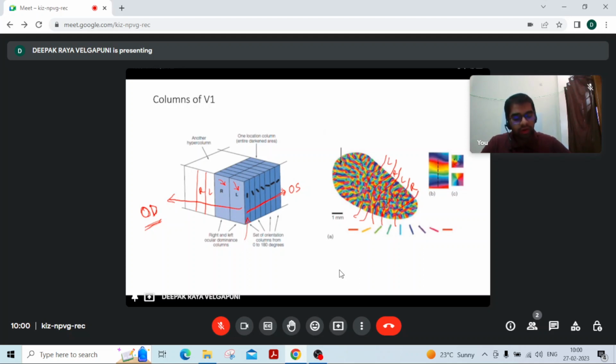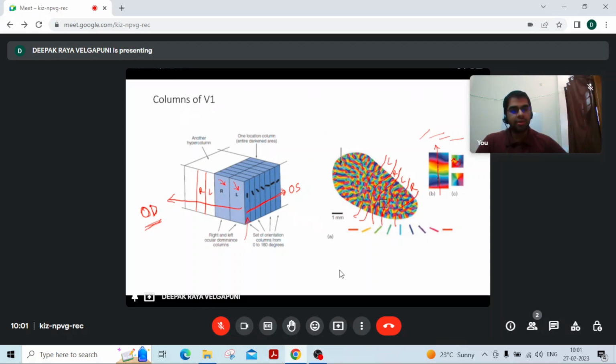Different areas have, if you take this particular thing, incremental orientation selectivity like this, but if you see this, it has a circular orientation selectivity. So different points in the primary visual cortex have different names and terms.